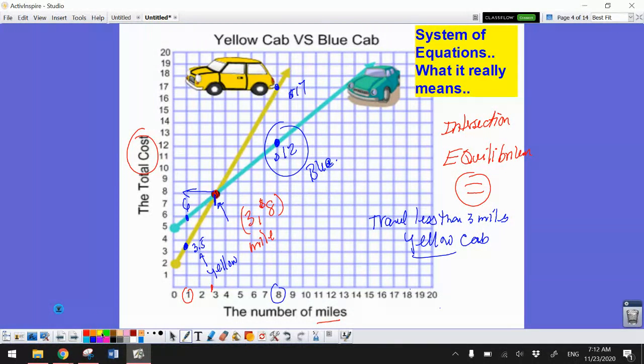Then the opposite would be true. If I'm going to travel more than 3 miles, and those words would be greater than, that's the math word, I want the blue cab.